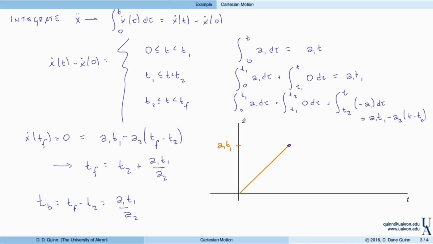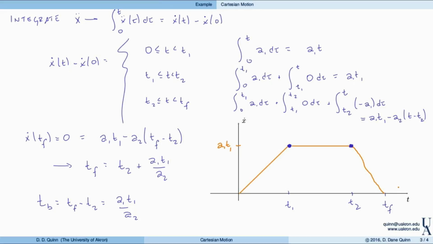At this point in time, we change our velocity profile, and we hold it constant for a period of time until t2. So looking down here, this would occur at t1, this would occur at t2, and then we have our final time.